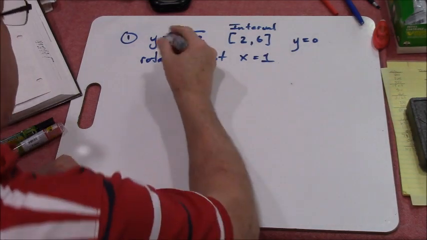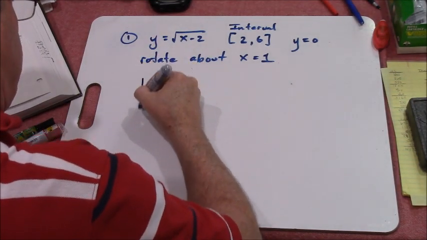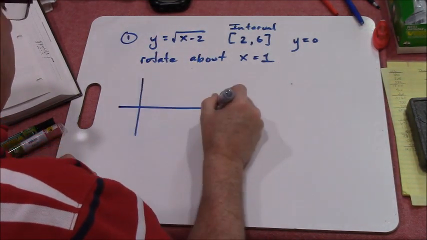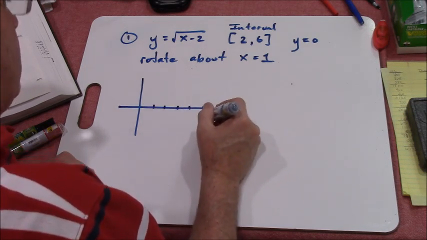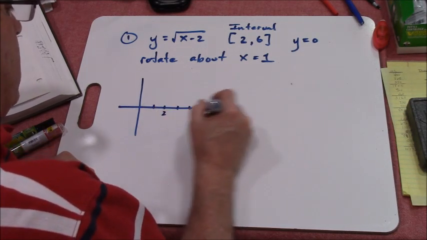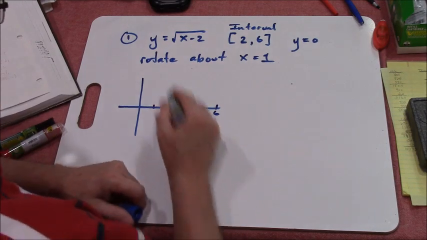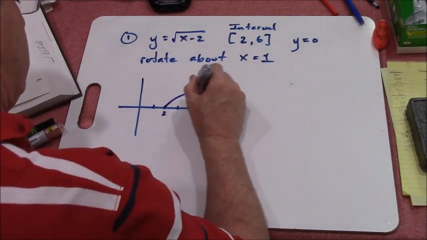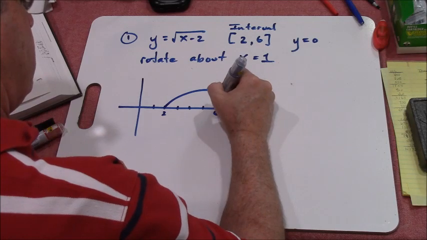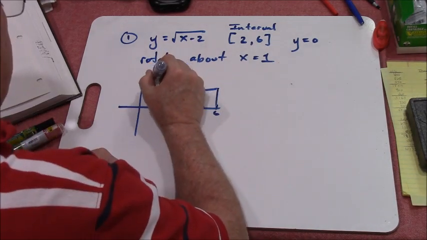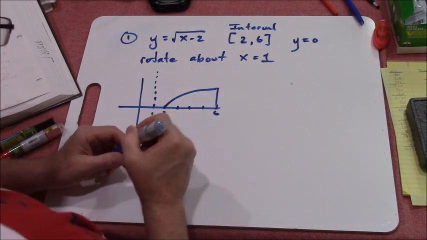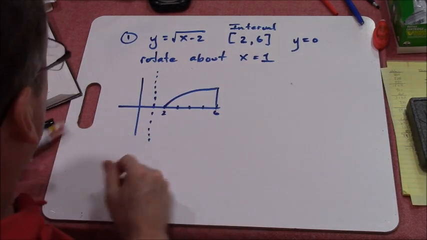Okay, so first I want to graph this function. 1, 2, 3, 4, 5, 6. So we're taking the interval from 2 to 6. My square root function would look like this. And I want to rotate that about this line, x equals 1.